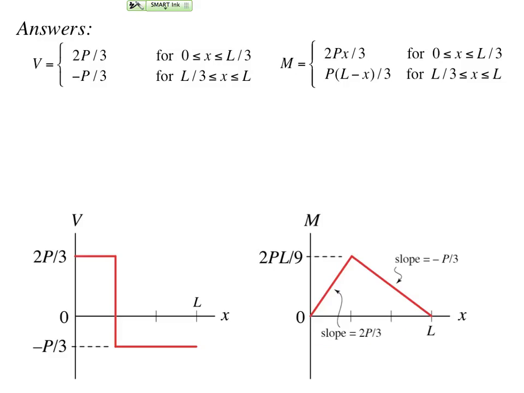The bending moment distribution is piecewise linear and a little more complicated. The pin at A supports no moment, so M P equals 0. Integrating our constant v of x gives us m of x equals 2/3 P of x.